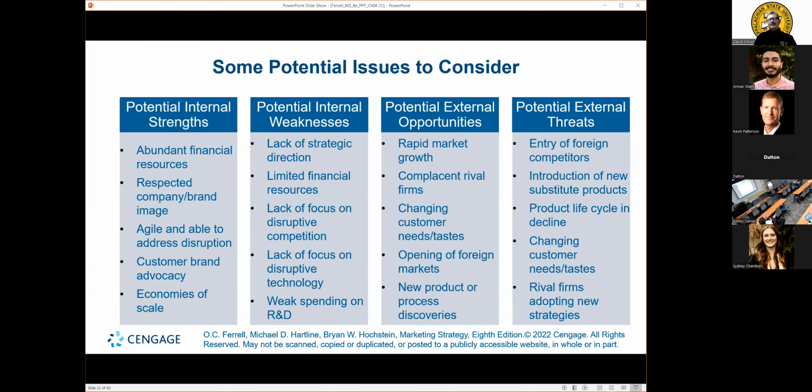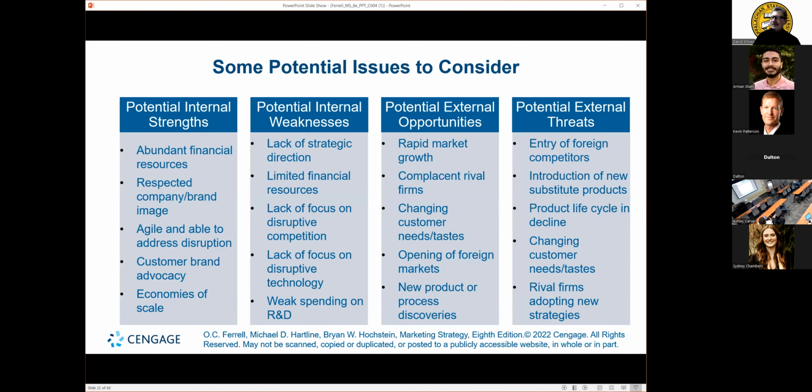So if we were going to look at some of the potential issues, strengths, weaknesses, opportunities, and threats, strengths would be abundant financial resources. You have a respected company brand. You have enormous economies of scale. You have brand advocates.